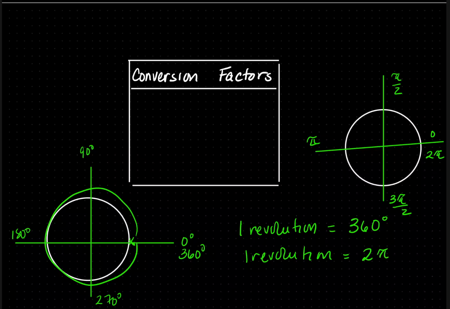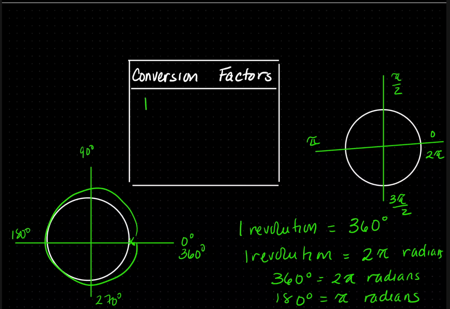And since we're in radian mode, the unit is radians. If this is true, we also can say, since these are both one revolution, 360 degrees is equal to 2 pi radians. Or if you reduce this out, it becomes 180 degrees is equal to pi radians.